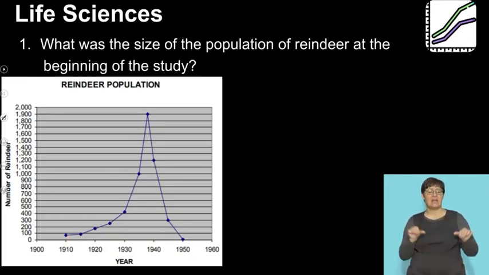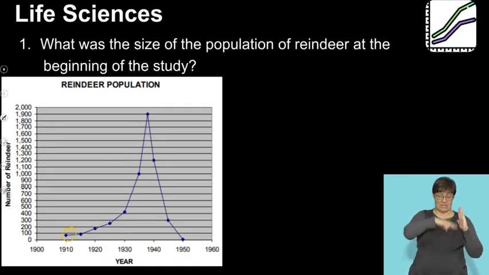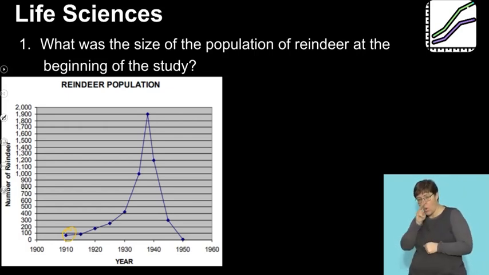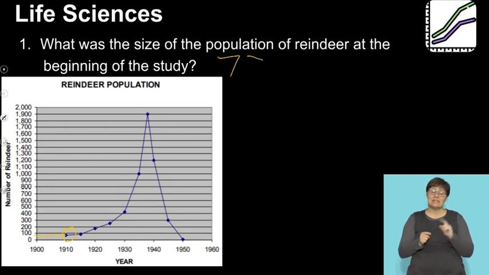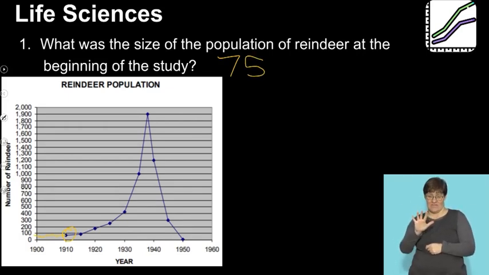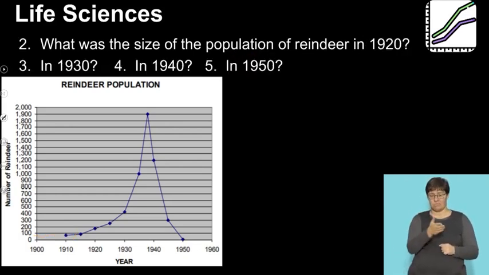What was the size of the population of reindeer at the beginning of the study? Now, what you can do is you can go back to read the text, or you can look on the graph, and the graph shows us and the text very clearly that there were 75 reindeer at the beginning of the study. Next question.